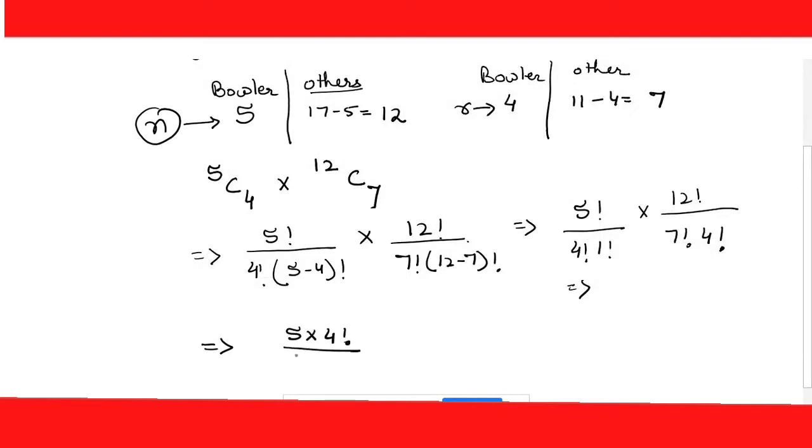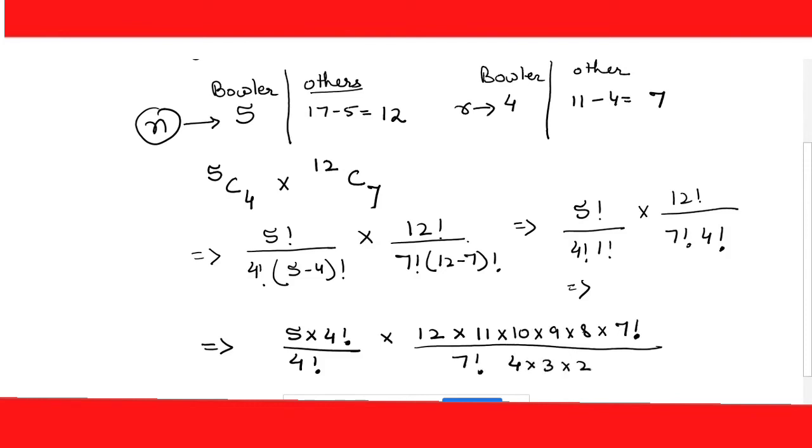Now 12 into 11 into 10 into 9 into 8 into 7 factorial, over 4 into 3 into 2 into 1 into 7 factorial. These get cut down. 4 2s are 8, cut down. 3 3s are 9.